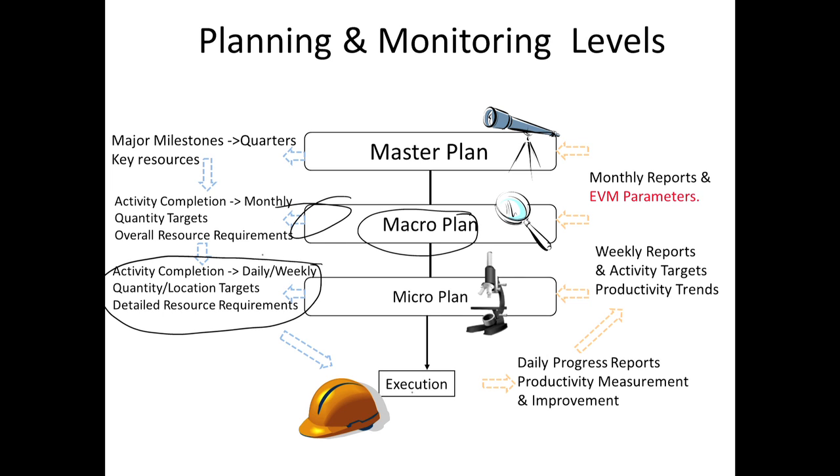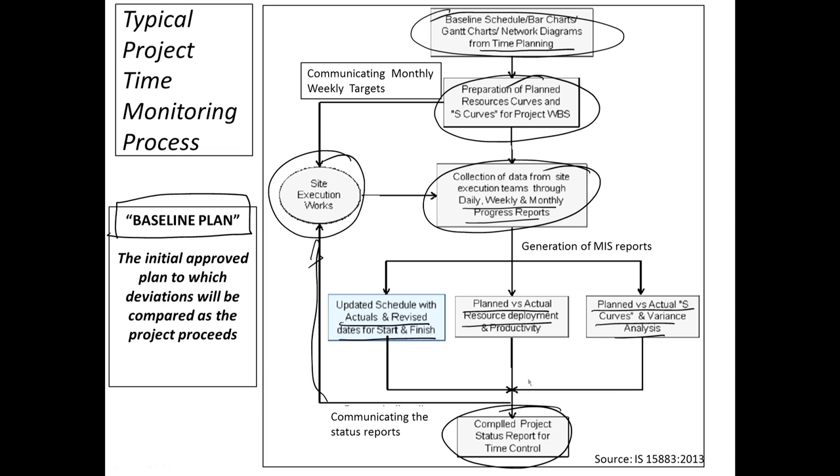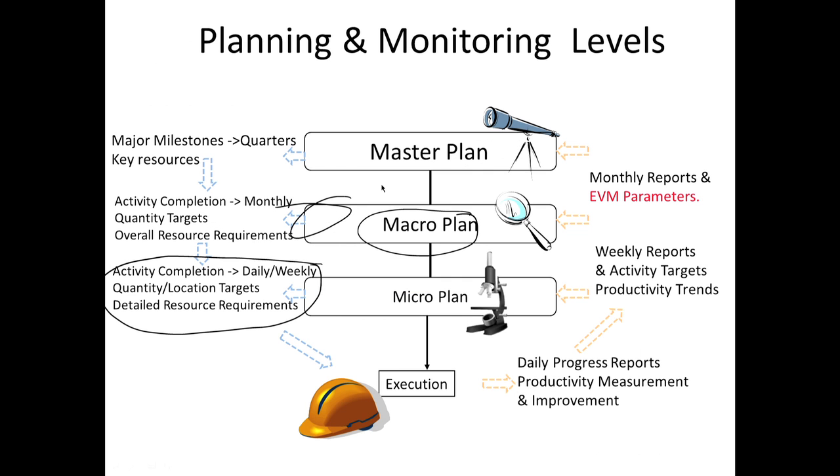Now, after we get into execution, we are going to look at data coming out of execution. As we saw in the earlier set of slides, we got into execution and then data starts coming out of execution. We have daily progress reports that come out of execution, and based on these there is again productivity measurement and improvement, and a lot of very detailed things can be done at the execution level.